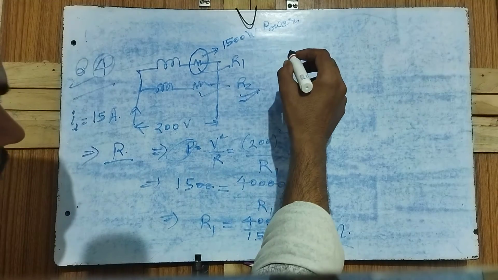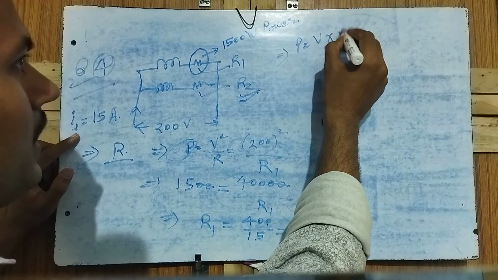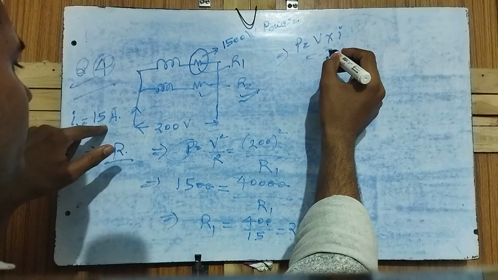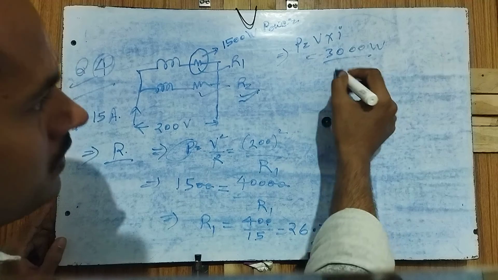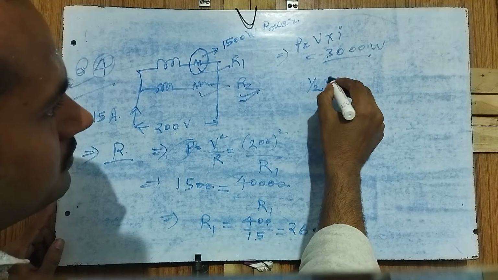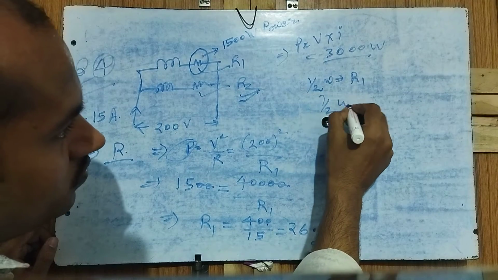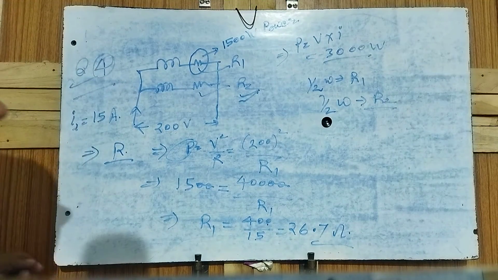What is the value of R2? The total power is V into I, that is 200 into 15, which is 3000 watt. Half of the watt is in one resistance and the second half is in the second resistance, R2.